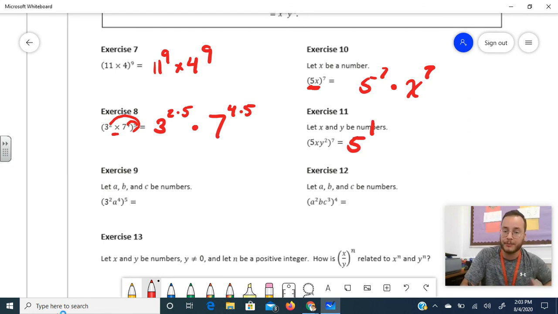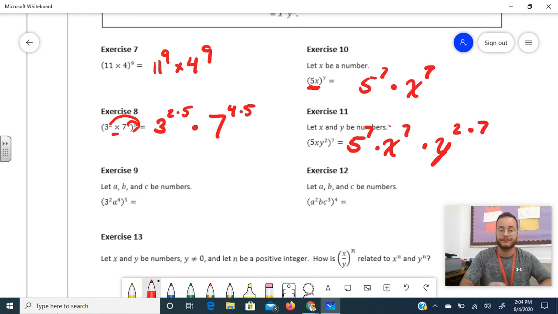But 5 multiplied by itself one time is just 5. So I could say I have 5 to the 1 times 7, but it would just be 5 to the 7th power. See what I'm saying? So 5 to the 7th power times x, same thing goes for x, it's 1 times 7, but I can just say 7, times y squared times 7.